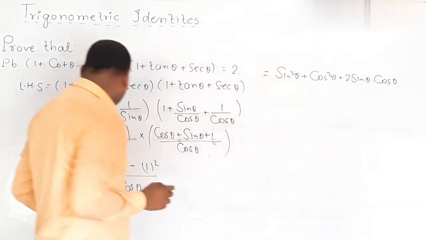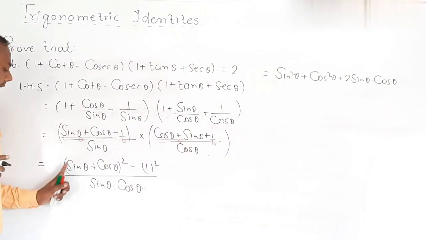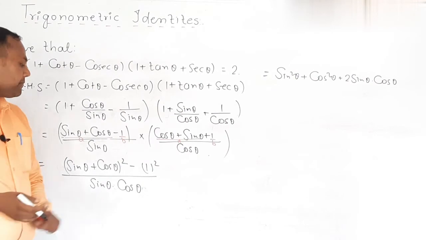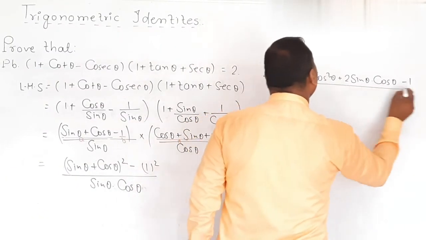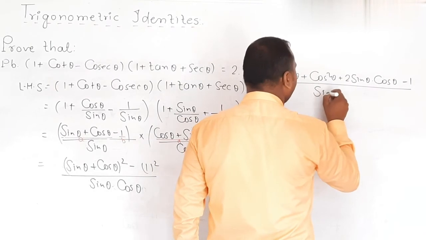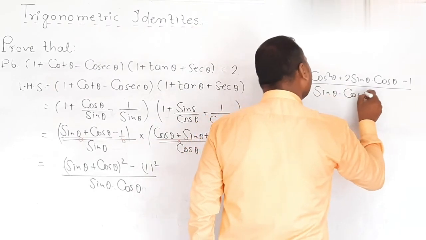We already studied sin theta plus cos theta the whole square, and minus 1 divided by sin theta into cos theta.